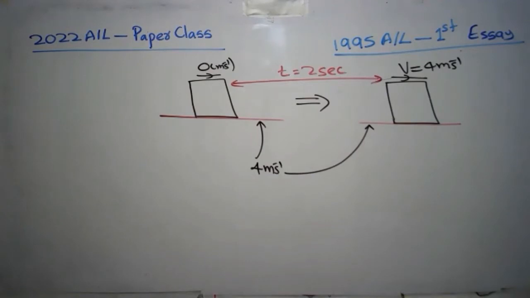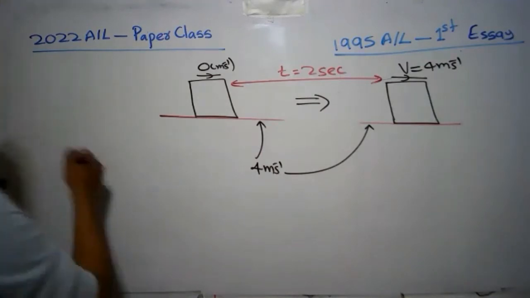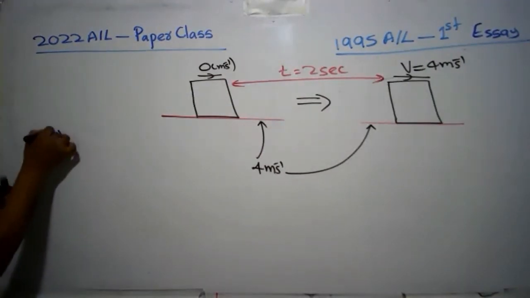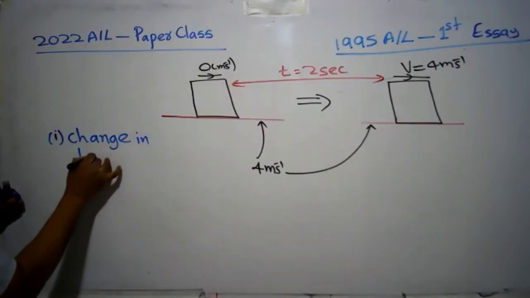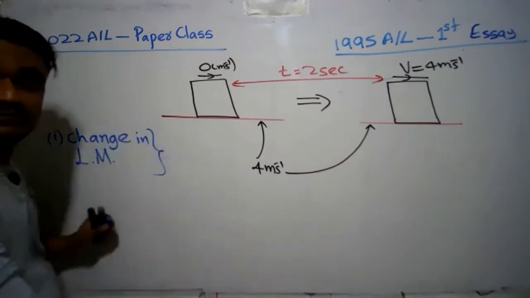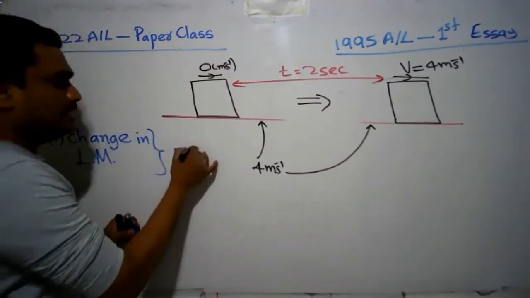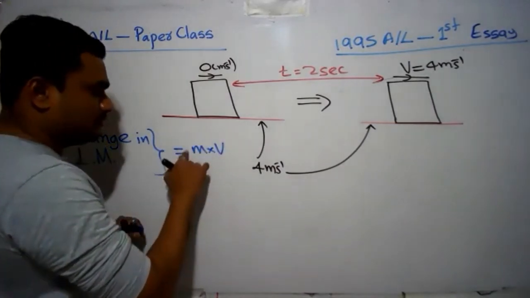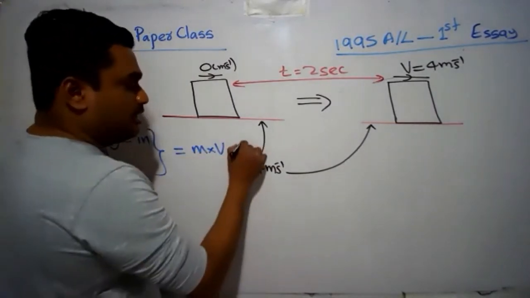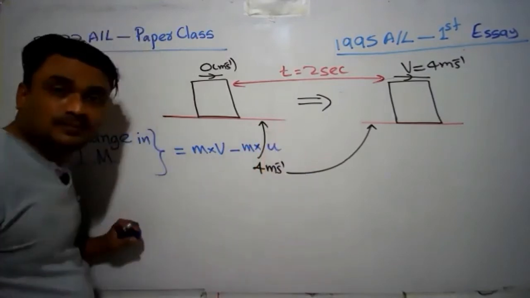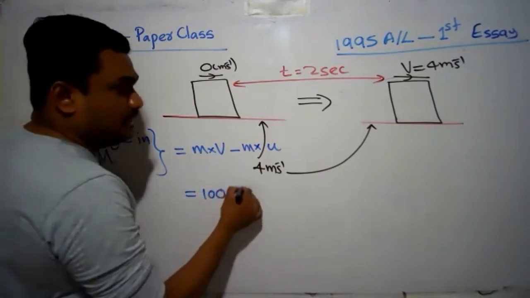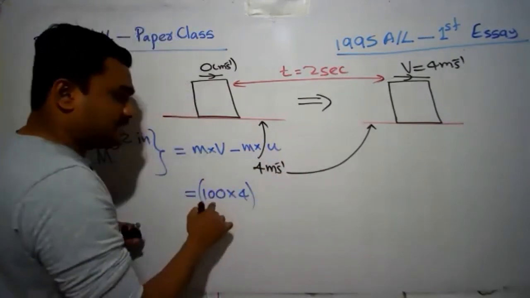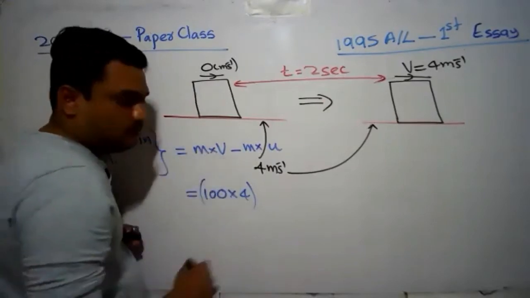The first question, what is the change in linear momentum of the box along the horizontal direction? So simple. What is the change? Change in linear momentum of the box equals final linear momentum, M into V, minus initial linear momentum, M into U. Mass into final velocity is the final linear momentum.